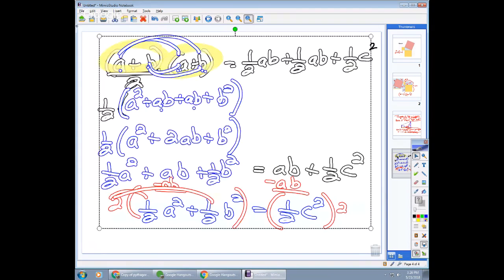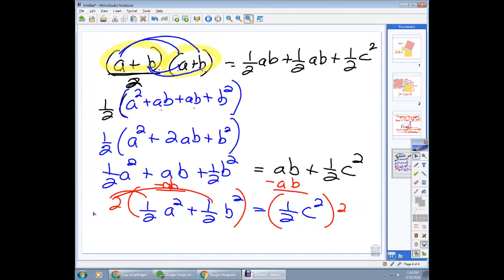I'll squeeze it in underneath: a squared plus b squared equals c squared. Most elegant depiction of it. My pen is struggling.